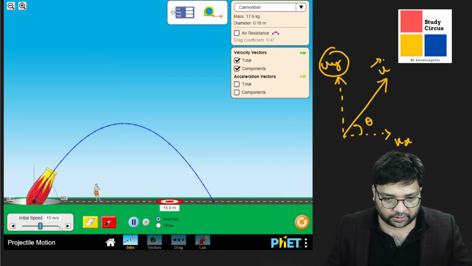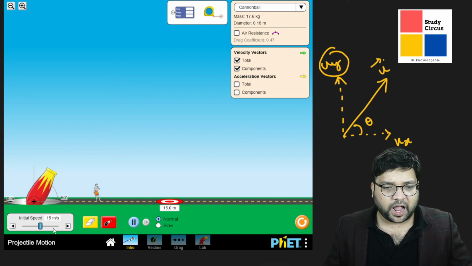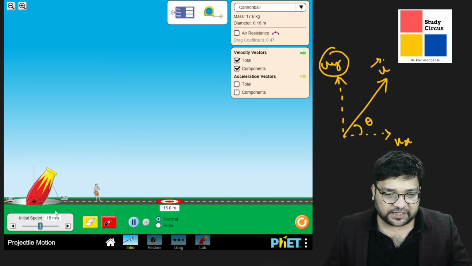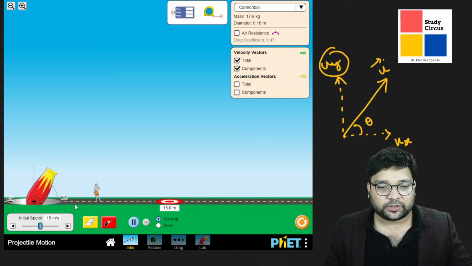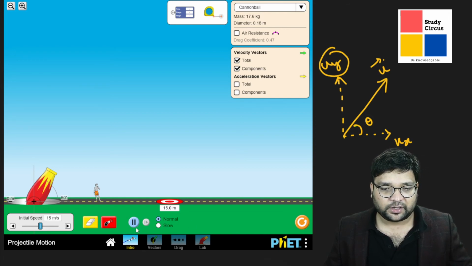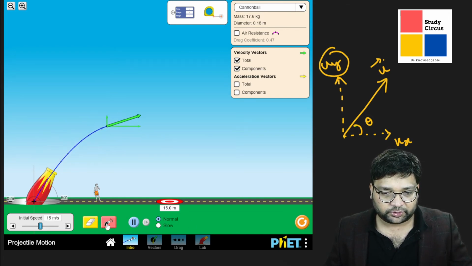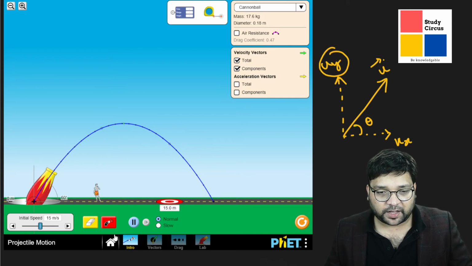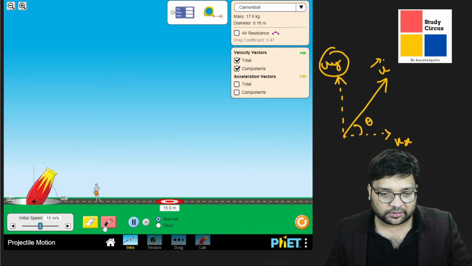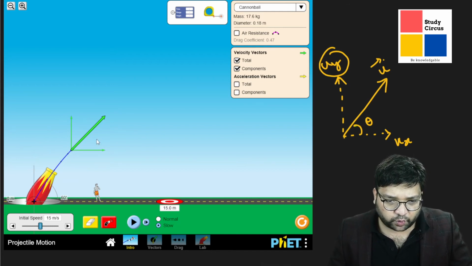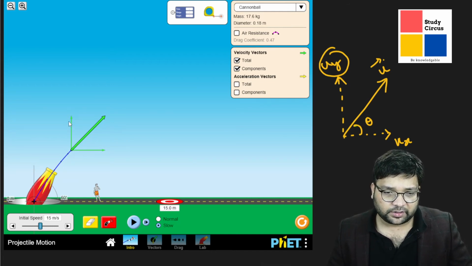In this simulation, I have kept the initial speed at 15 meters per second, with which the projectile is being thrown at an angle of 60 degrees. Now I'll show the path. Let's see it in slow motion. This one is showing the vertical component, and this is showing the horizontal component at the same time.